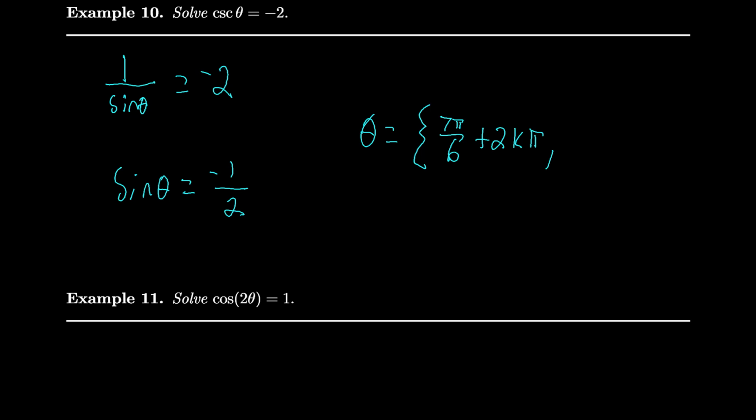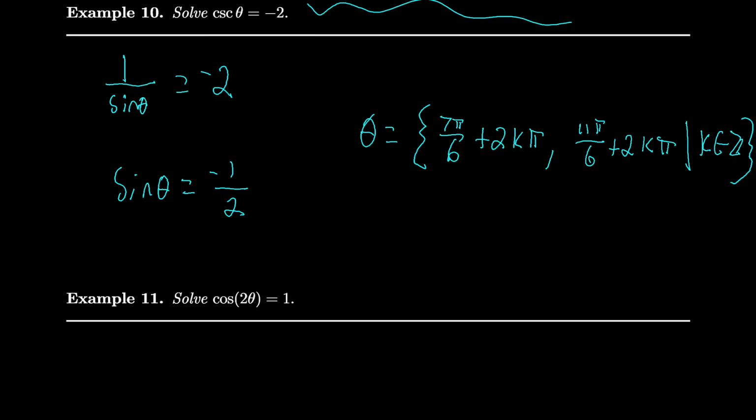The other one is 11 pi over 6, plus your 2k pi, such that k is an integer. That's your answer. That's it. We solved it. Good job. You could look, of course, on your sheet and find these two parts really easy. Add in your 2k pi's because there is no domain restriction.